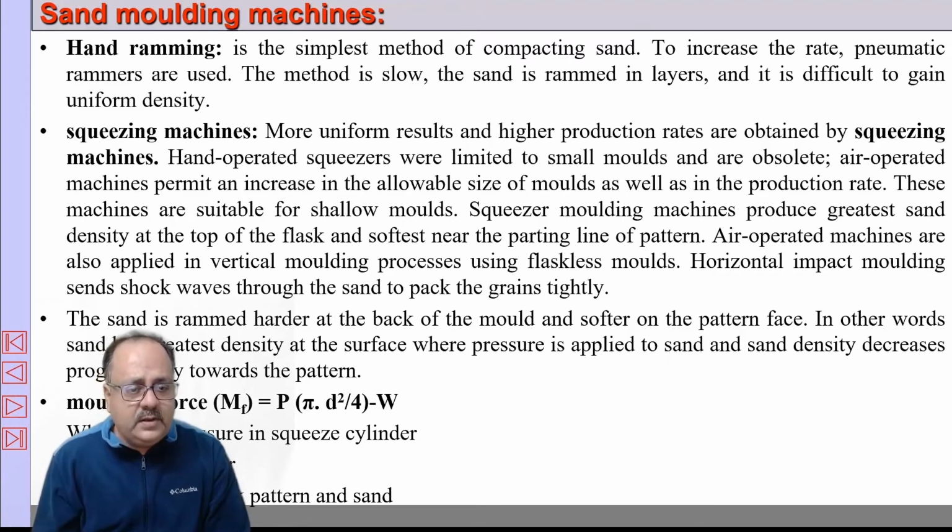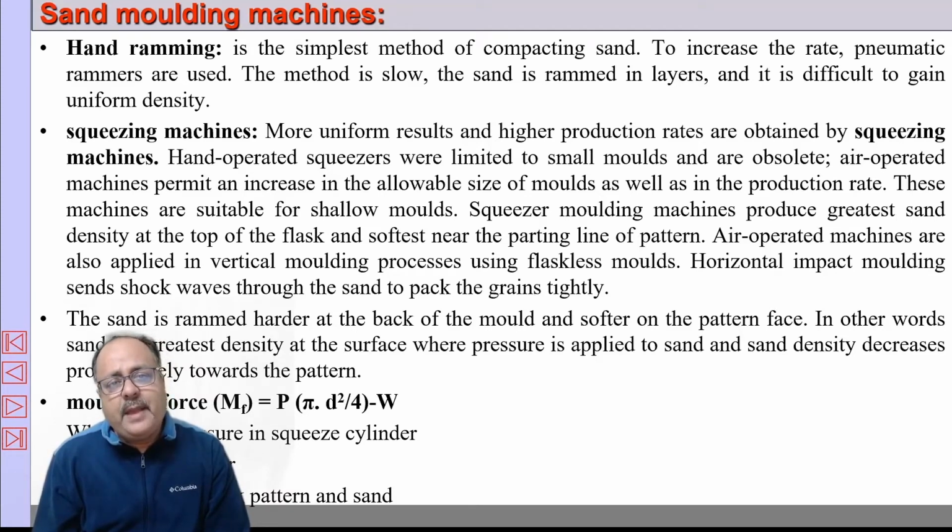The molding force is given by the formula P into pi D squared by 4 plus W, where P is the pressure of the squeeze cylinder, D is the piston diameter, and W is the weight of the flask, pattern and the sand, all together. So this is the molding force.